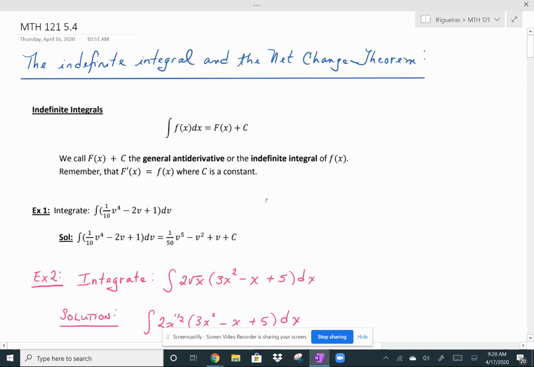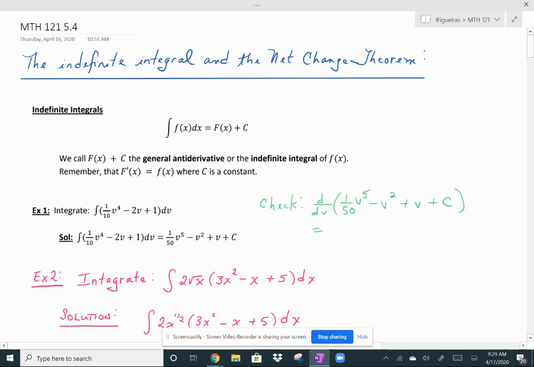So to check this, and I suggest you check until you're really comfortable with these problems, take the derivative of the answer, 1/50th v to the fifth minus v squared plus v plus c. That should equal what we started with.